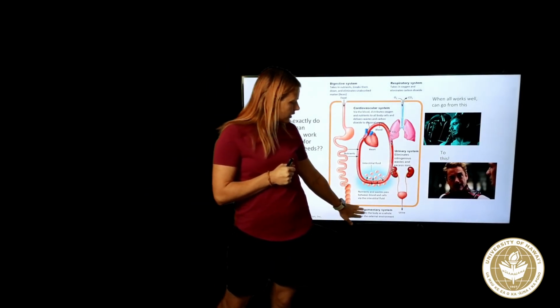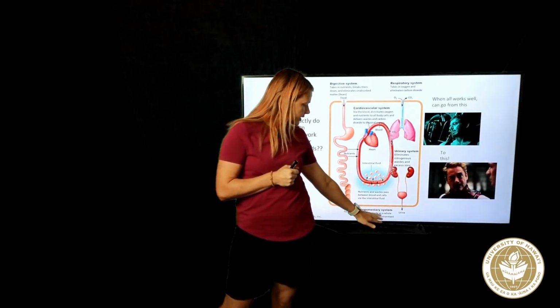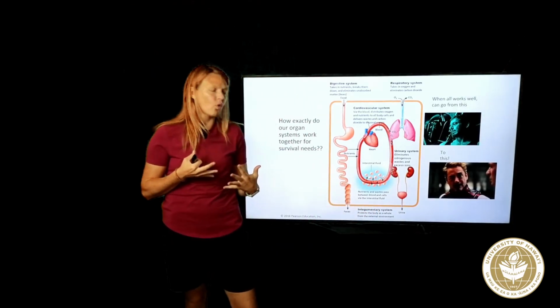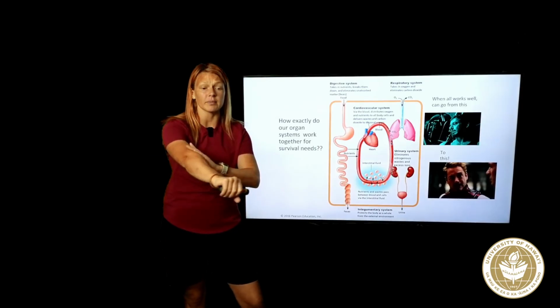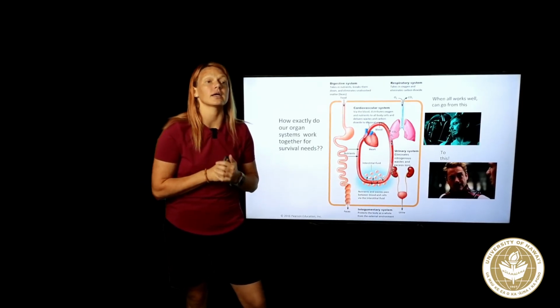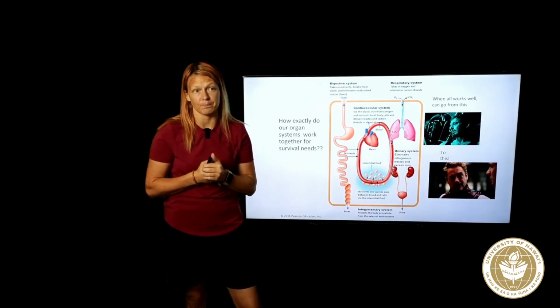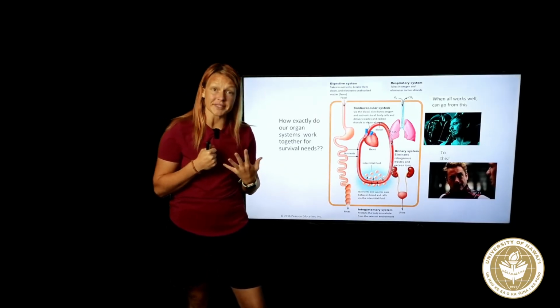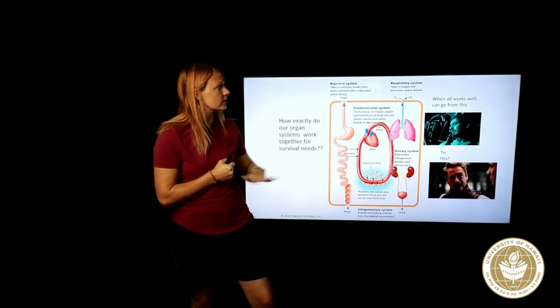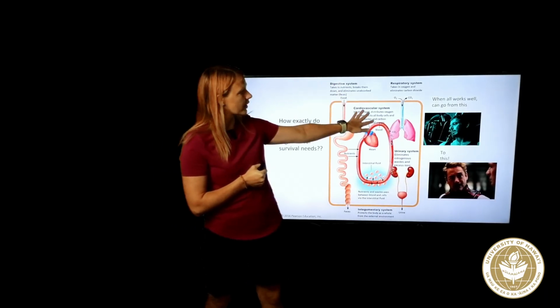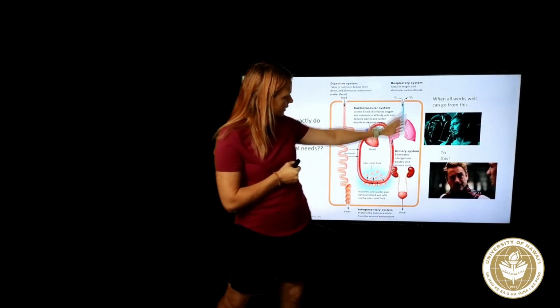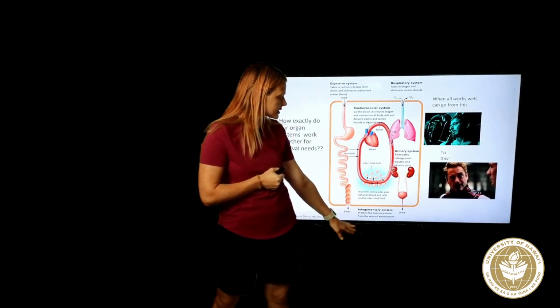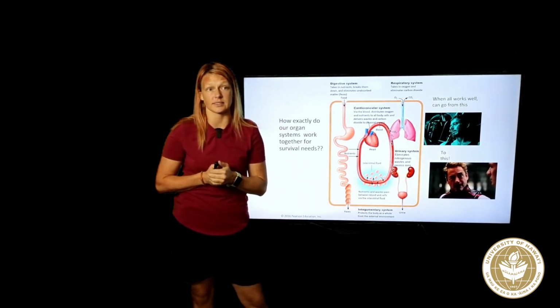So that part here, your integumentary system, protects the body as a whole from the external environment. So think your skin, right, as part of that integumentary system. So some of the different organ systems that are represented here include the digestive system, cardiovascular system, respiratory system, urinary system, and our integumentary system.